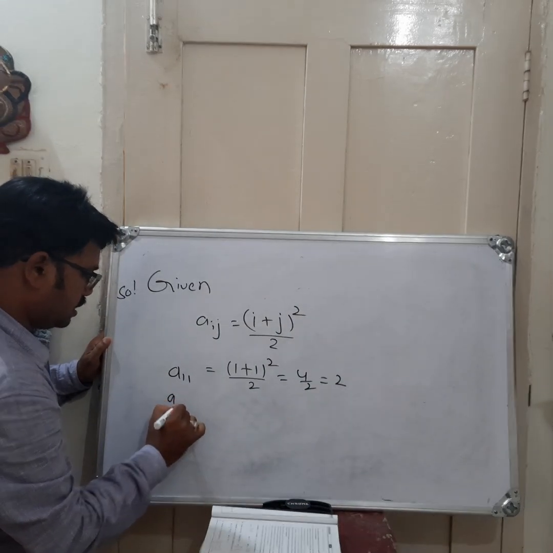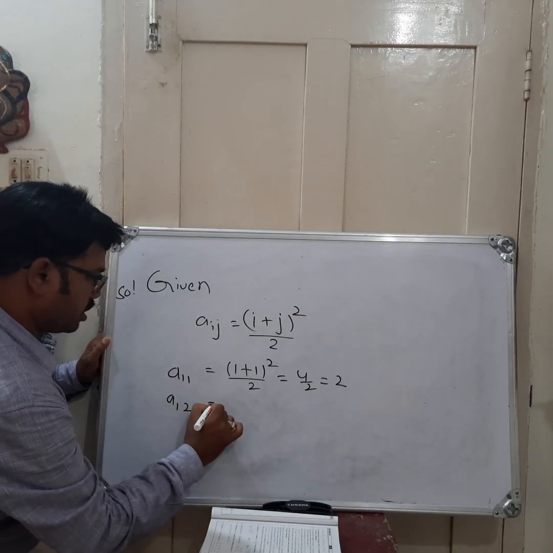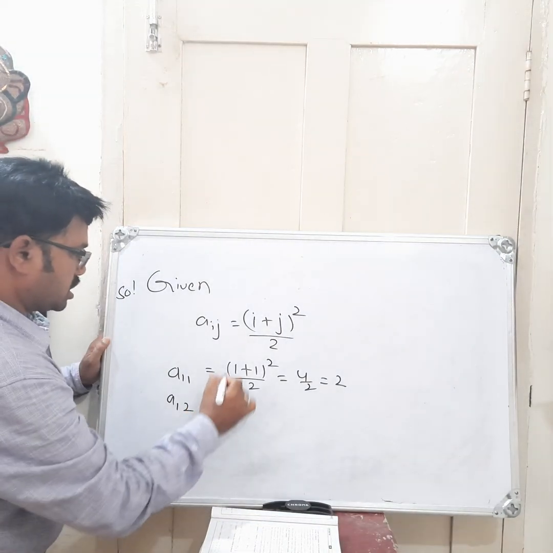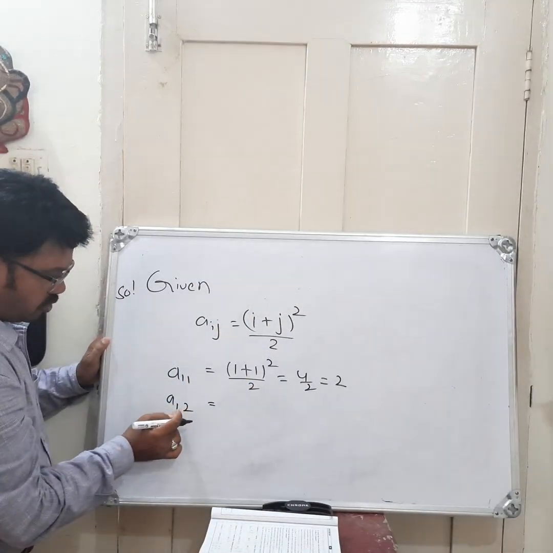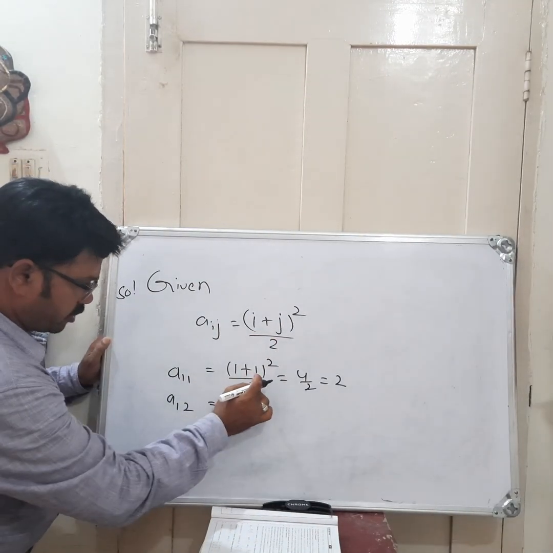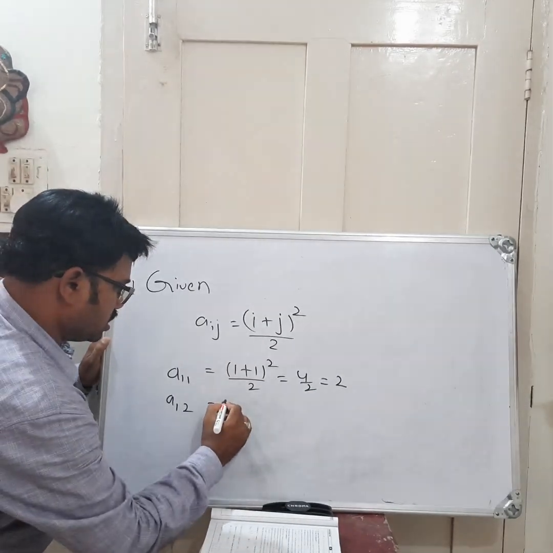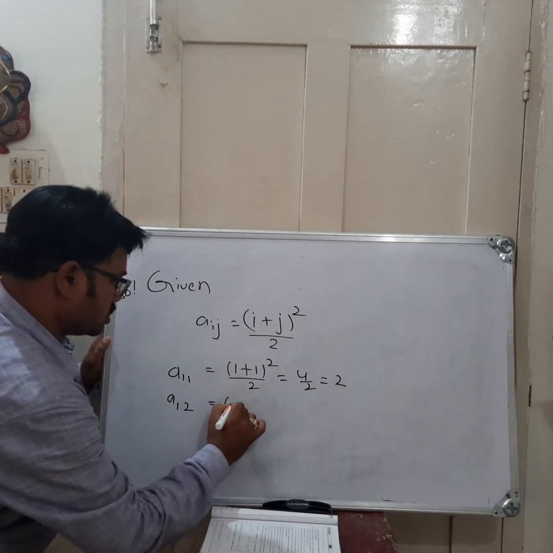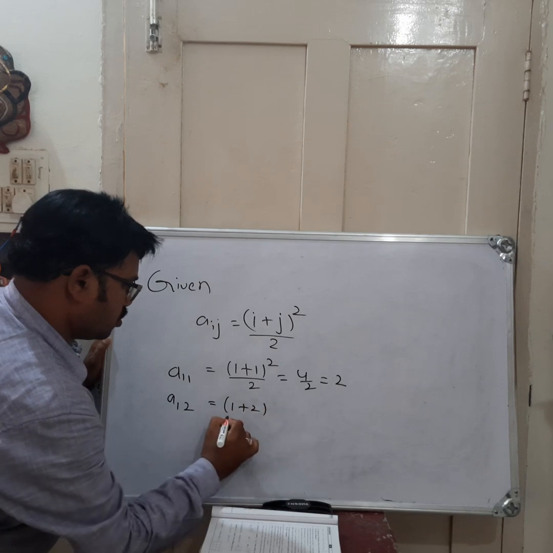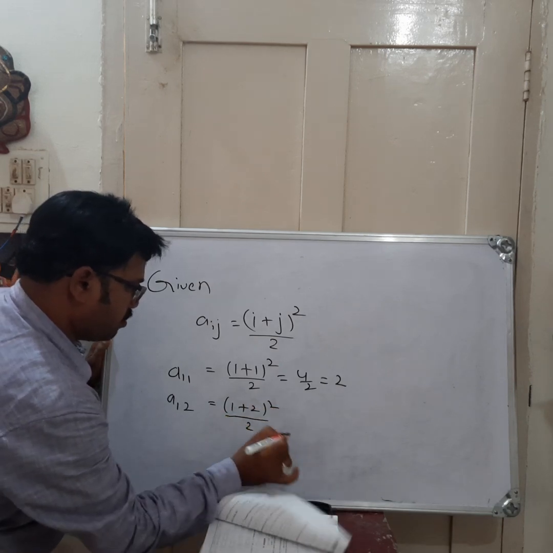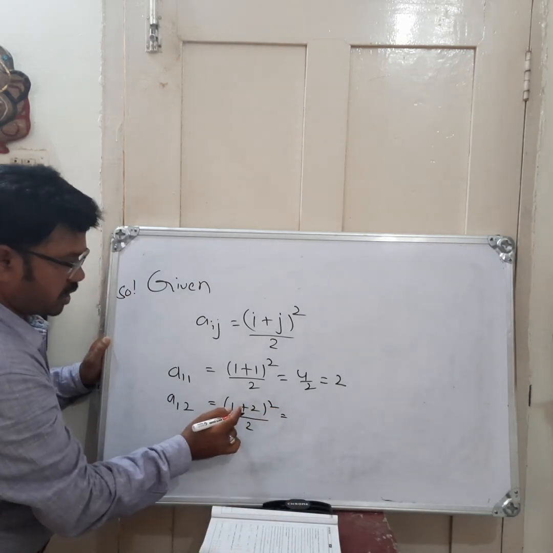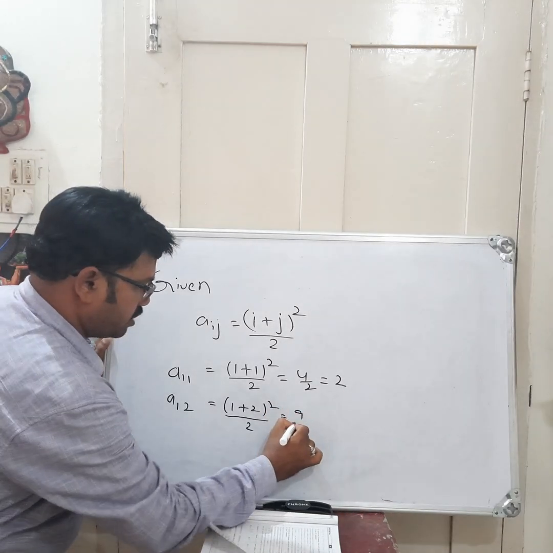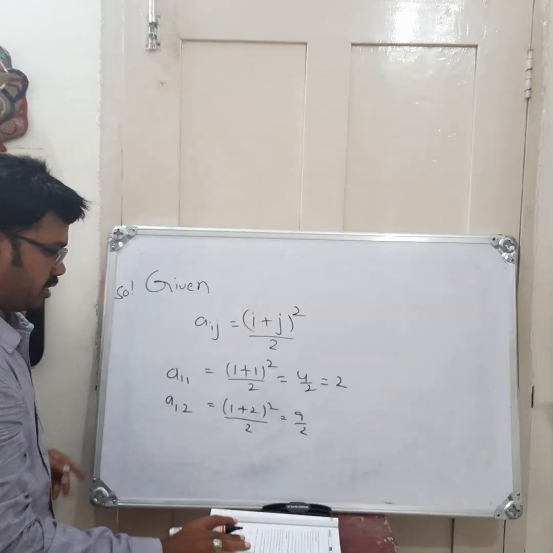And A12. So next, instead of i value you have to take 1, instead of j value you have to take 2. Substitute in the relation, here we will get (1 plus 2) whole square divided by 2. Here 1 plus 2 is 3, 3 square means the value is 9, so 9 by 2. This is the second element.